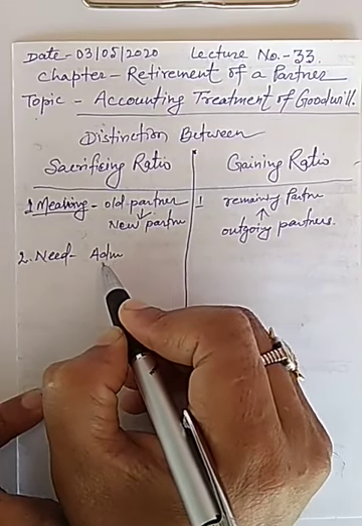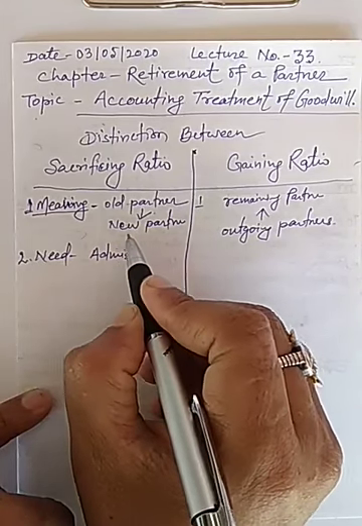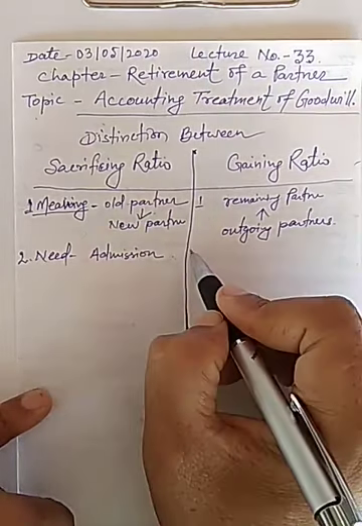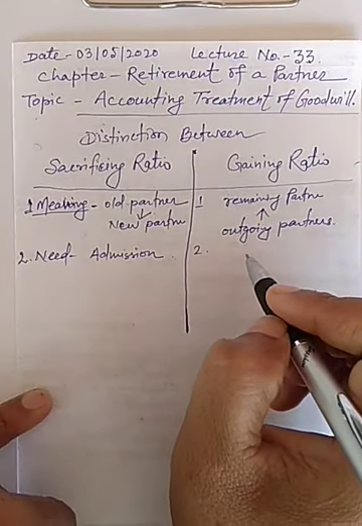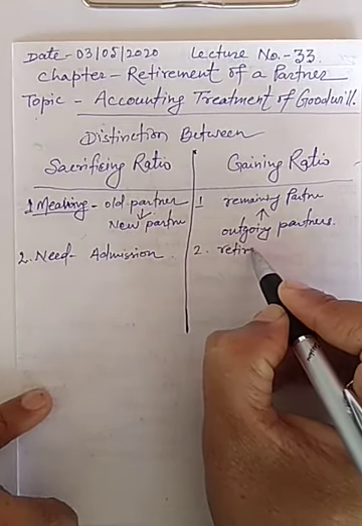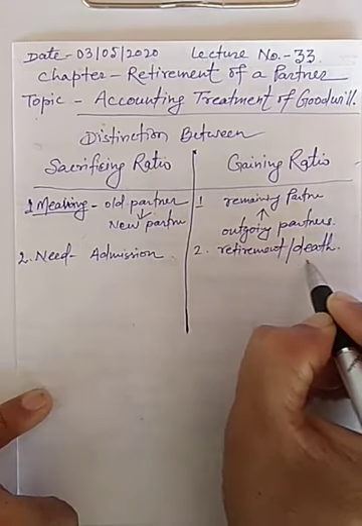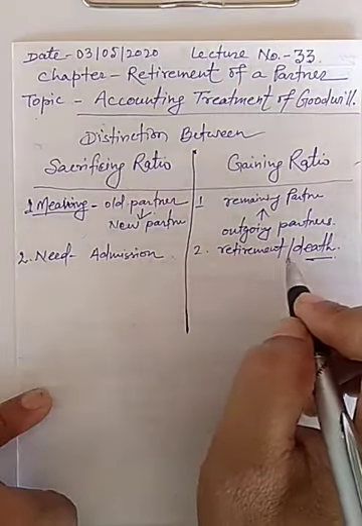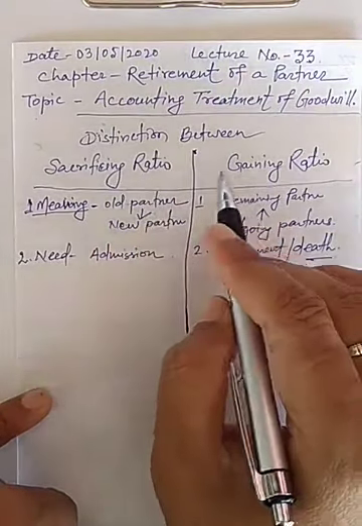So at the time of admission of a partner, sacrifice ratio will be calculated, and gaining ratio is used during retirement and death of a partner. So these are the needs for calculation of sacrificing ratio and gaining ratio.